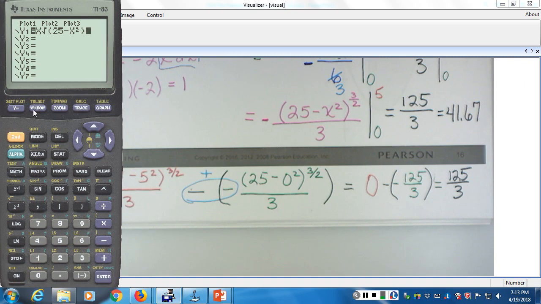And the window needs to cover at least 0 to 5. So negative 1 to 6 should be plenty. So there it goes.